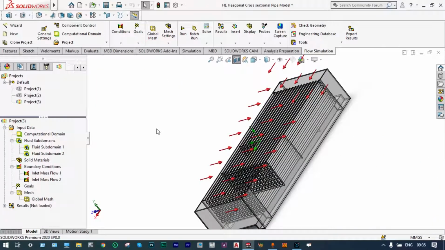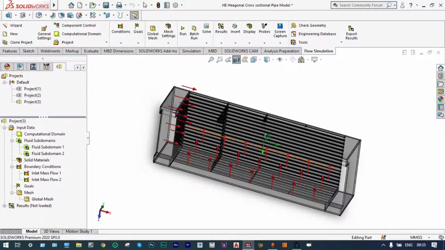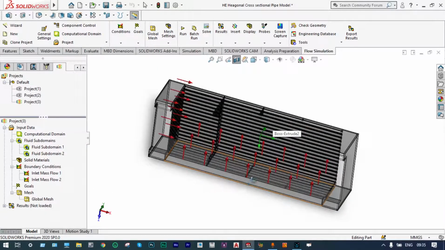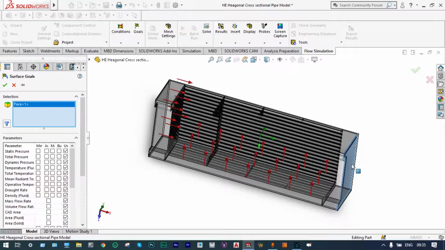Next we have to define some goals. Here in this case, our main aim is to find out the effectiveness, and find out LMTD as an equation goal. Before that, you have to find out the temperature at the exit location for cold water and hot air also. Let us rotate this model. Now we have to select the goals. Insert surface goals. At this surface, we need to find out temperature of fluid.